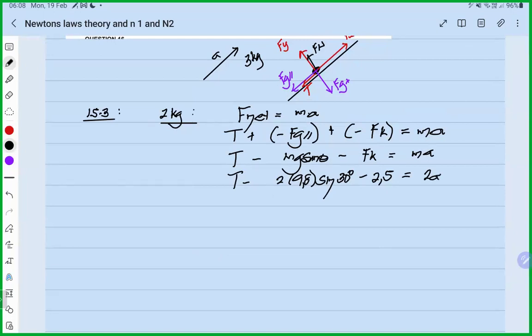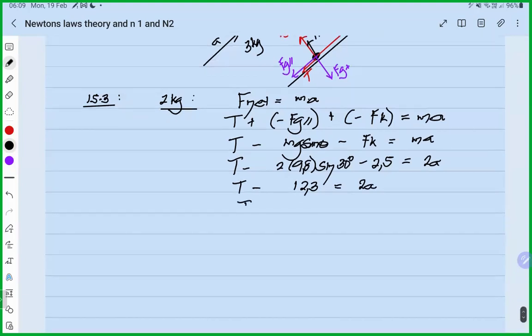Minus 2 times 9.8 sine 30 minus 2.5, that's 9.8, minus 12.3, sorry. Please double check if that's correct. So T is 2a plus 12.3. Is the 12.3 correct? It is.